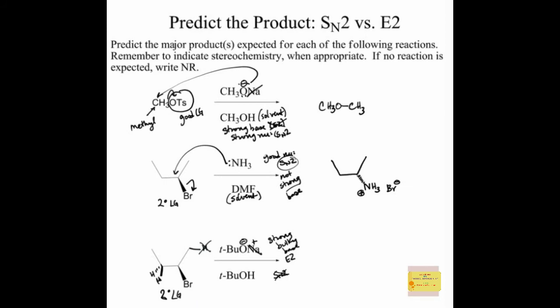And then how about stereochemistry? Well, we know stereochemistry needs to be anti, but remember this is an acyclic structure, so we can rotate. It's not locked into any one hydrogen. In fact, if it took this hydrogen, it would keep the carbon chain the same.